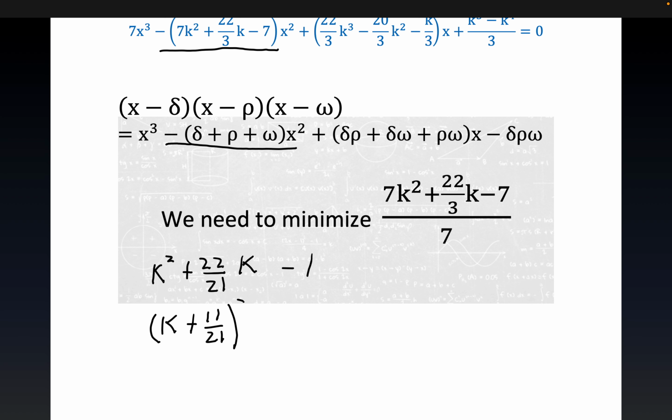When you expand this out, you get 11 over 21 k twice, which is 22 over 21 k. Now, the price that we pay is we still have the minus 1 hanging around here. But note that 11 squared is 121, 21 squared is 441. So we have to subtract off 121 over 441.